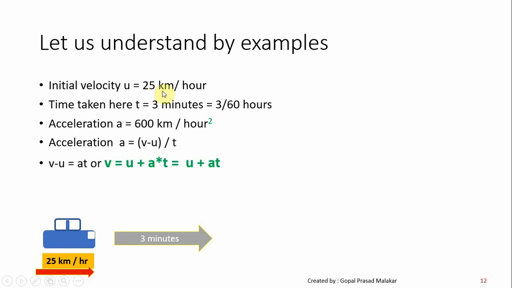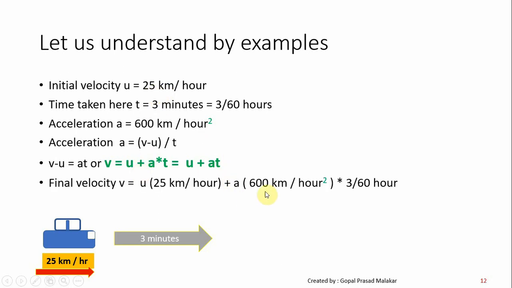You started with 25, so u is 25. A is 600 km per hour square. Again we have converted minutes into hours, so everything is in the same scale. 3 by 60. This will essentially give you 30. If you put 1 by 60 and then 600, it gives you actually 10.